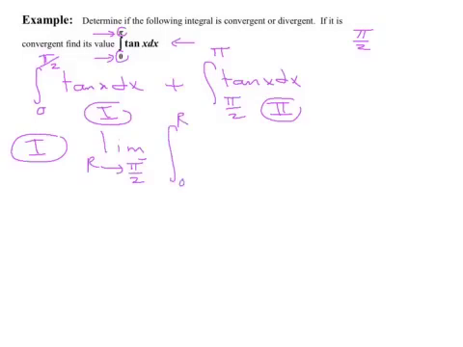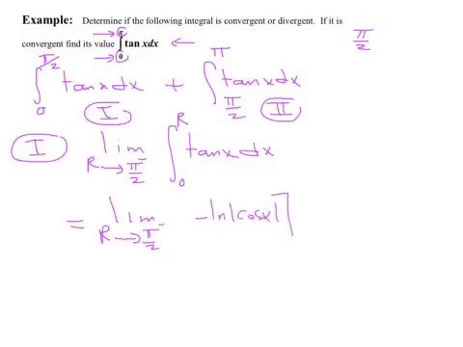When it's in the middle, we cannot replace it by r. Tan x dx. This is equal to the limit as r goes to pi divided by 2. Integration of tan x is ln secant or minus ln cosine. Same thing, 0 to r.